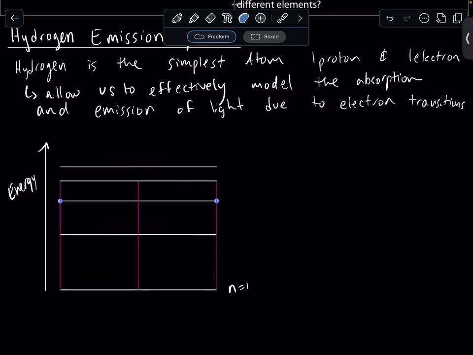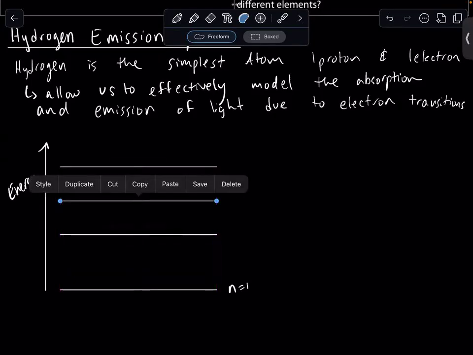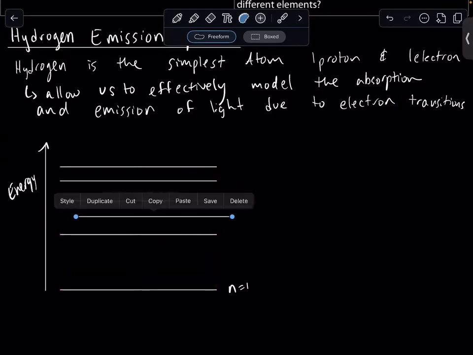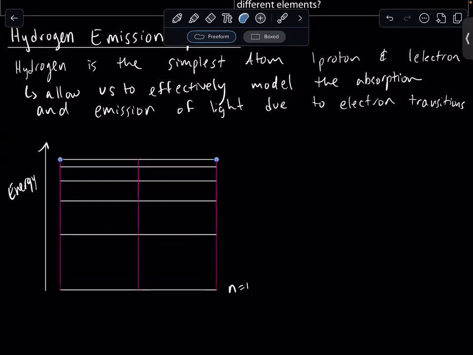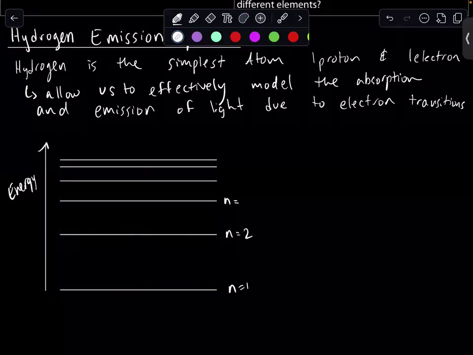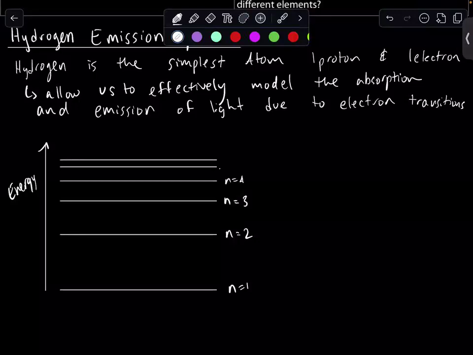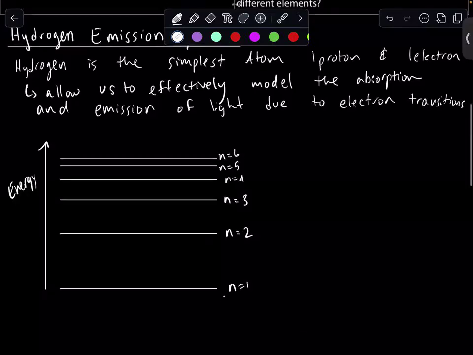One, two, three, four, five, and one more. So as we go through our energy levels, they converge at the higher energies: n equals 3, n equals 4, n equals 5, and n equals 6. We're using n, the principal quantum number, to describe these energy levels, and n equals 1 is our ground state.